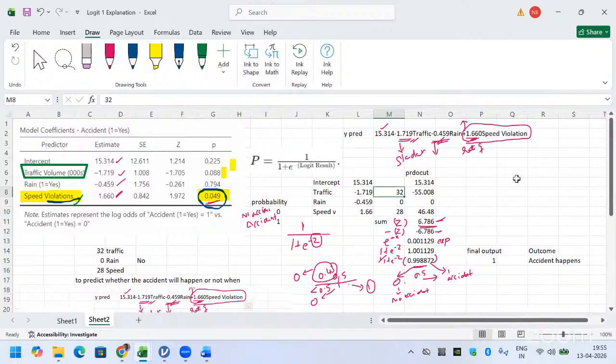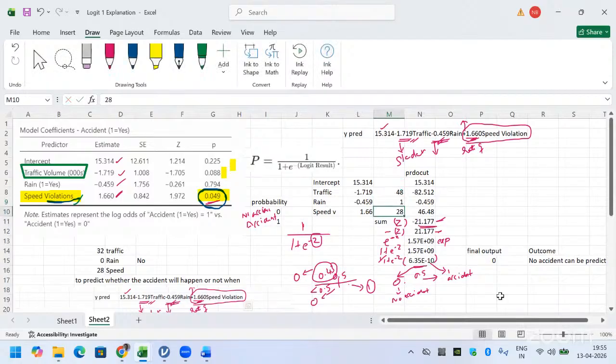Let me try some other number, 48, and see what happens. As the number of vehicles is maximum here, because this 1.719 is more than 1.660, you will be able to see the maximum differentiating factor is this one, and the next differentiating factor is the traffic only. Suppose in this case rain happens, we'll see what is going to happen.